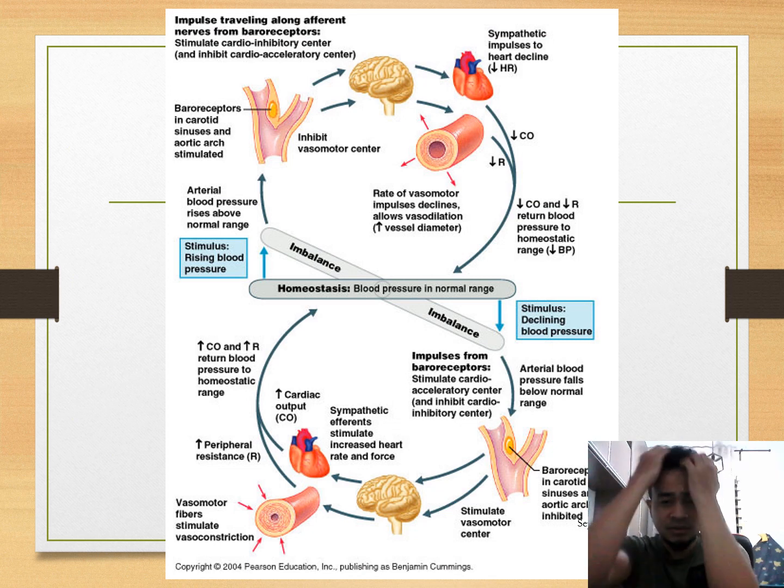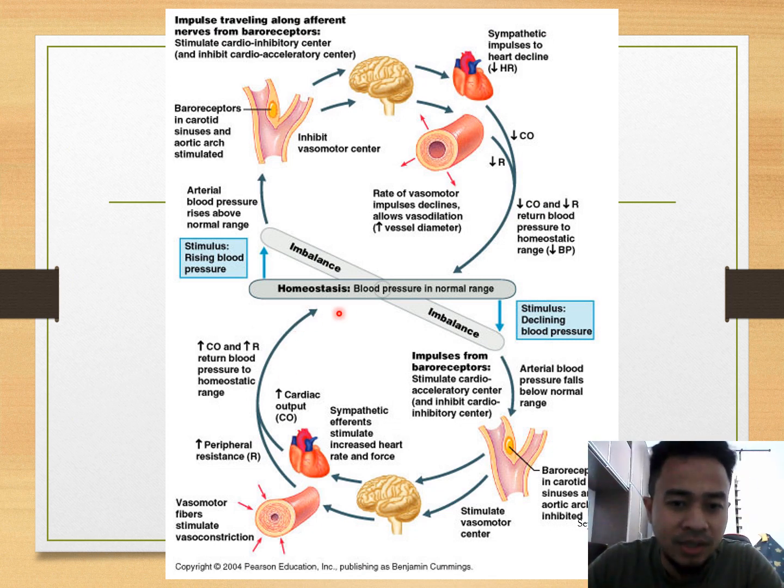All right, so this is the diagram. This is showing the stimulus, which is the one that caused the disturbance, raised blood pressure. This is no longer balanced. When it is balanced, we call it homeostasis, but in this case it's not balanced.